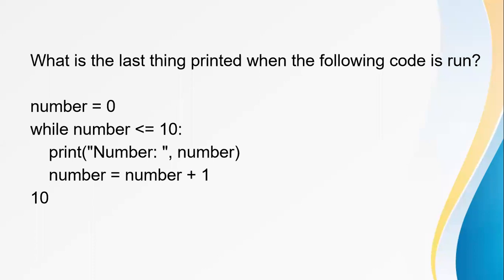So the last element is going to be 10. I'm asking only what is the last thing printed when the following code is run. Clear? This is how my while loop will work. All simple examples I have shown you to make you understand how while loop works.